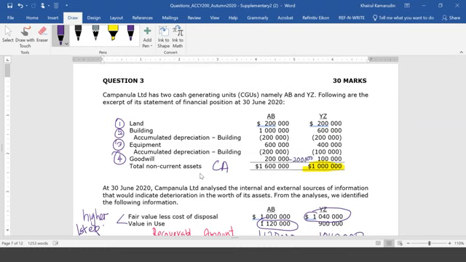So your goodwill now becomes 0. From 480, you already minus goodwill 200,000, so the balance of 280 will be shared to these 3 assets. So how are you going to do that? Let me share the answer with you.